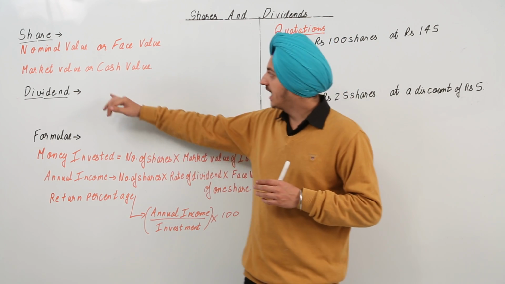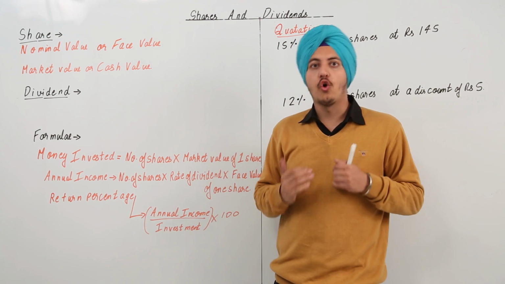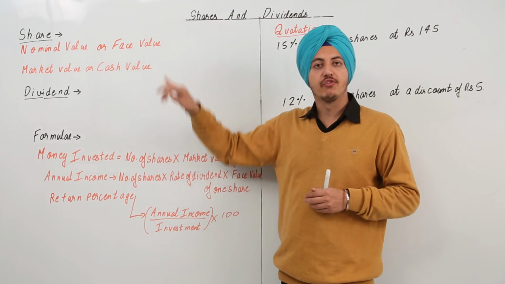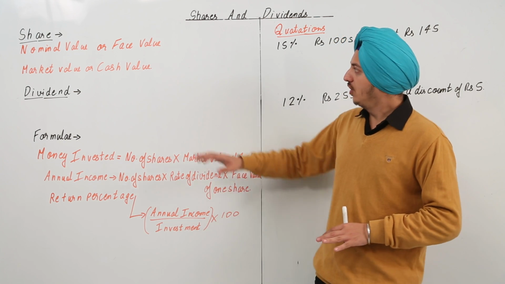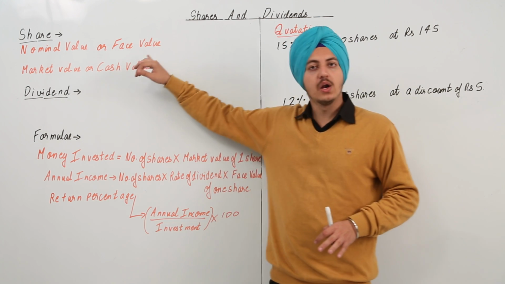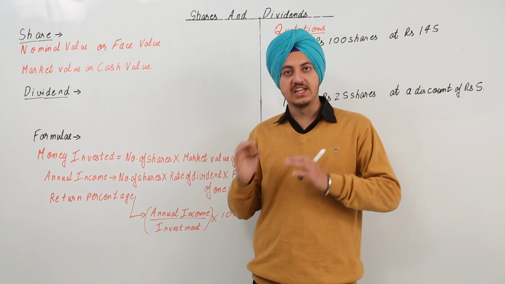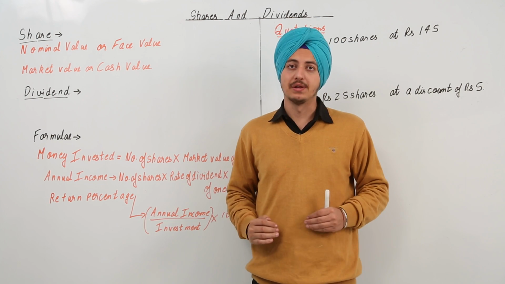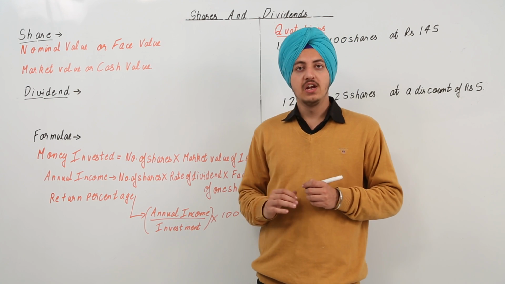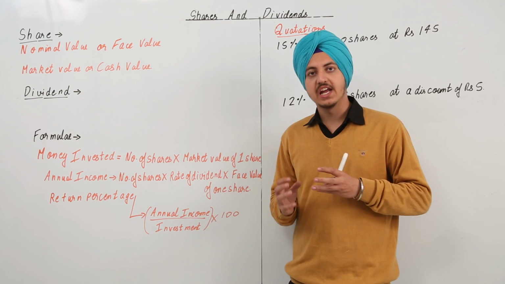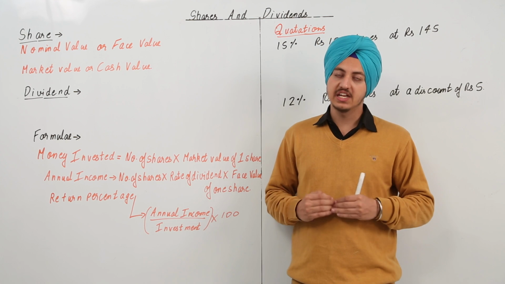This market value could be less or more than the face value. So face value is the initial value, market value is the present value, and that varies.